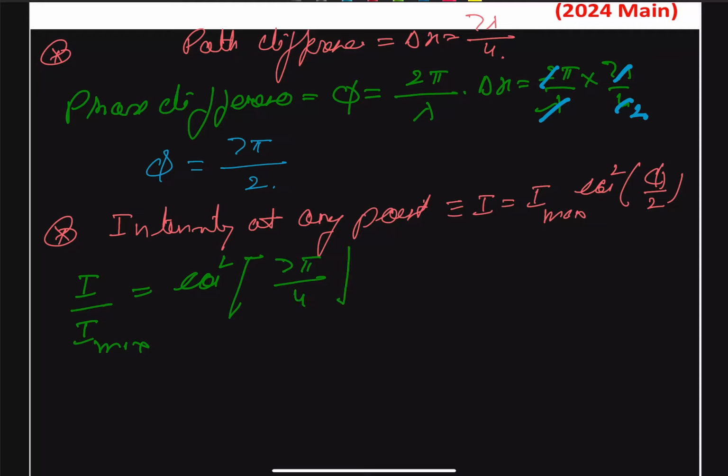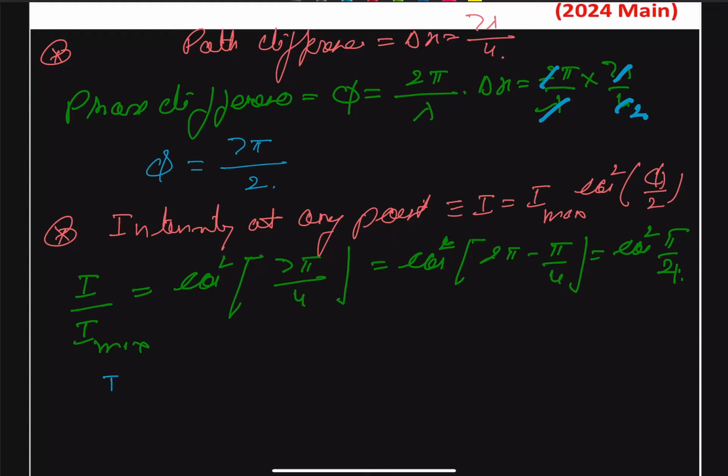We can just readjust it. 7 pi by 4 can be written as 2 pi minus pi by 4, which gives us cos square of pi by 4. And cos of pi by 4 is 1 upon square root of 2. Squared, it will be equal to 1 by 2.